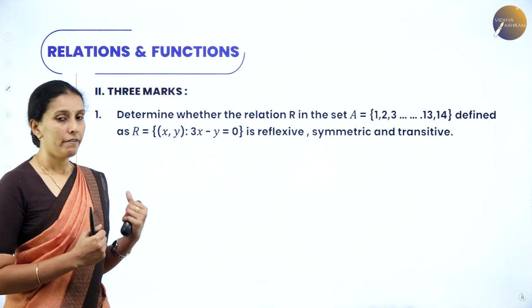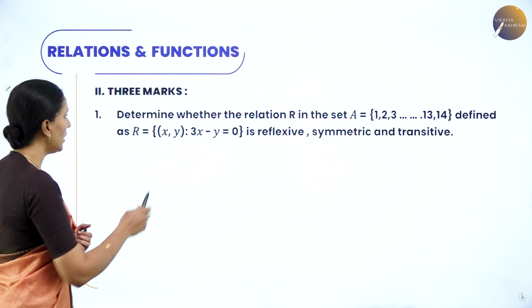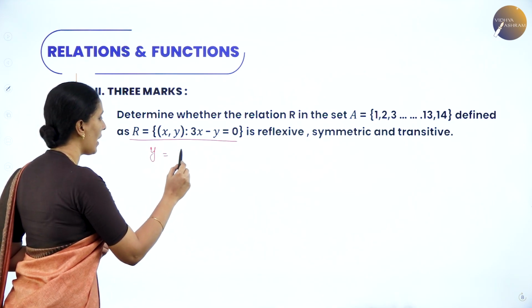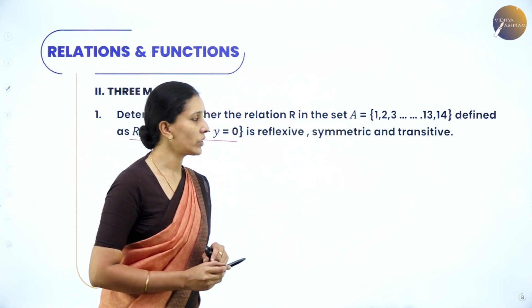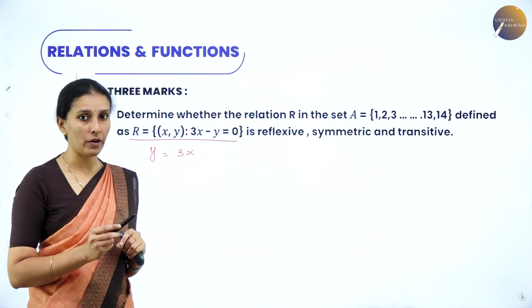So let's see whether this satisfies the given condition. Now here, according to the given relation, we can clearly see y is equal to 3x, and all your x and y belong to the set A, which contains the natural numbers from 1 to 14.